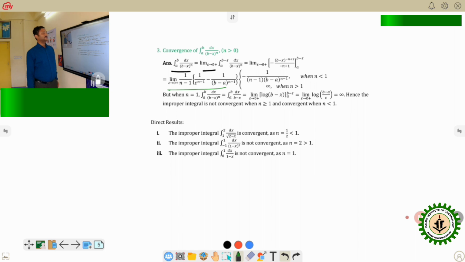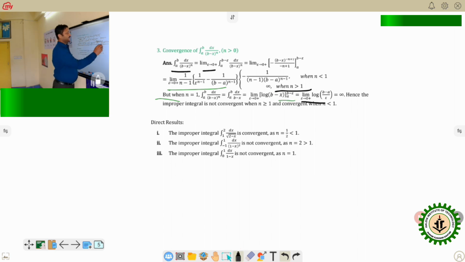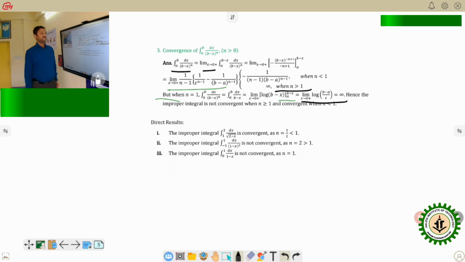and as you can see, whenever n is less than 1, the integral will be convergent, just like the previous one. And when n is greater than 1, the integral will not be convergent. Similarly, when n equals 1, the integral will be converted to the integral from a to b of dx by (b minus x). Again, if you put the limit, we are going to get the value to be equal to infinity.